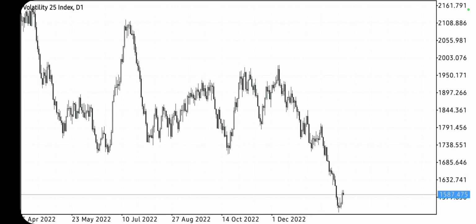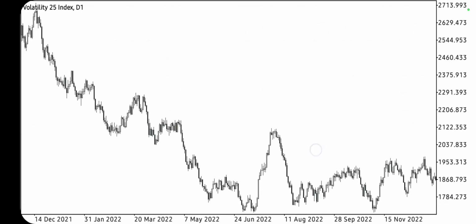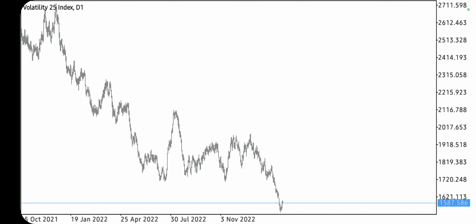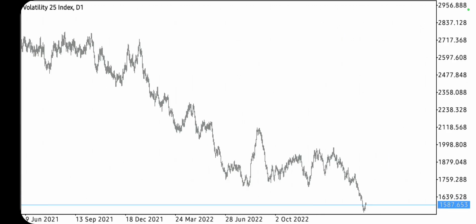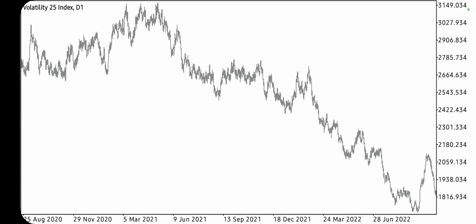So as I always say, we will check out the structure of the market before we start marking out our liquidity. Basically, on this time frame, which is the daily time frame that I will be using here, we are in a downtrend. The market has been trending to the downside for over months.